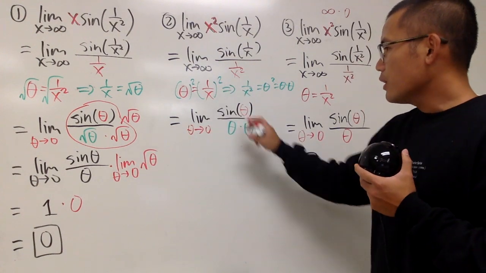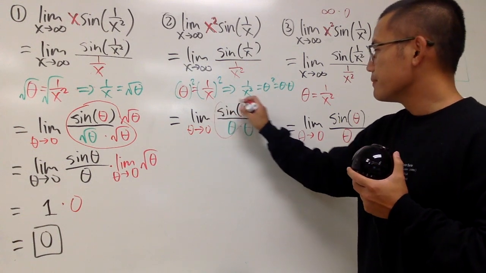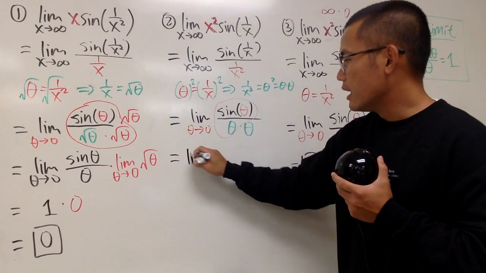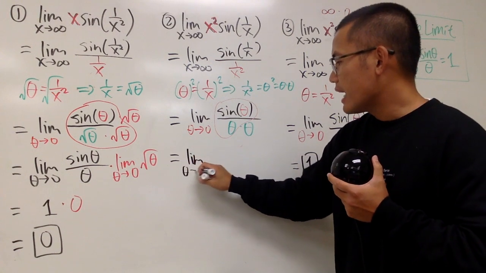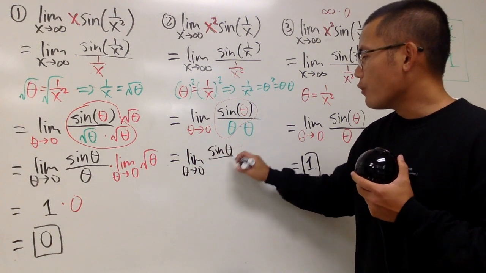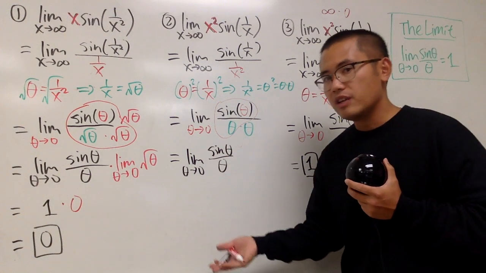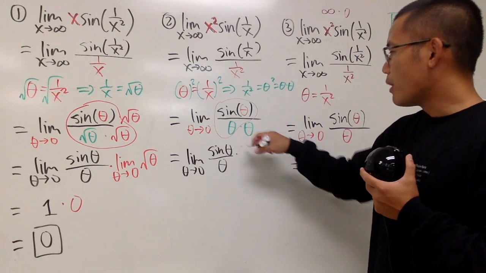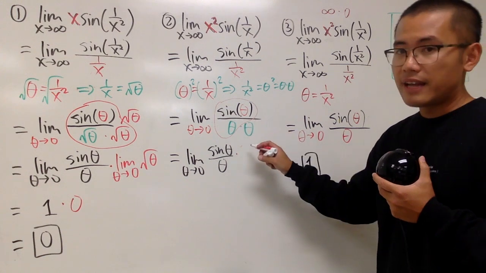Alright, so focus on this, and I'm going to break it down as follows. This is the limit as theta approaching 0 of sine theta over theta, and that's going to give us 1. That's nice. Then I'm going to write down this part, which is the 1 over theta.